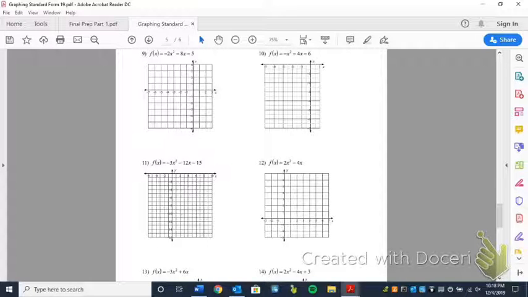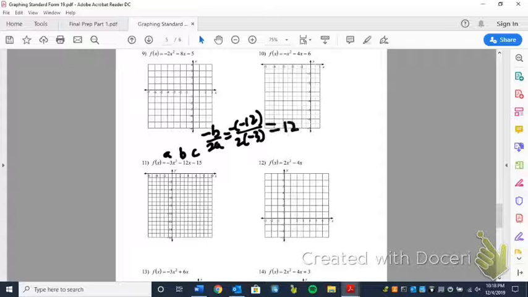Now, number 11, we have negative 3x squared minus 12x minus 15. So, A, B, C. A is negative 3, B is negative 12, C is negative 15. Negative b over 2a, we're going to go negative 12 over 2 times negative 3.